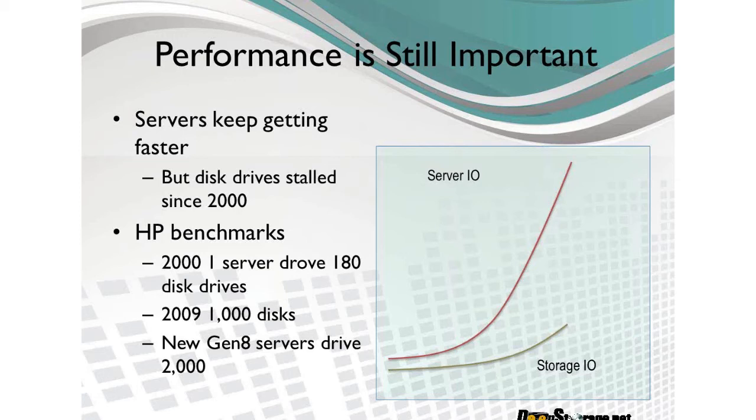HP, when they run their SPC1 benchmarks, in the year 2000 would have 180 disk drives being driven by one server. With the Westmere generation of servers, they got up to 1,000 disks from a single server. With their new Gen 8 Romley-based servers, they think they're going to need to have 1,000 disk drives so that the disk I/O would match the compute performance when running that benchmark.